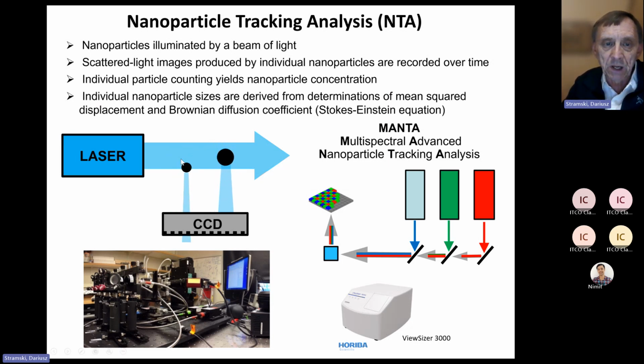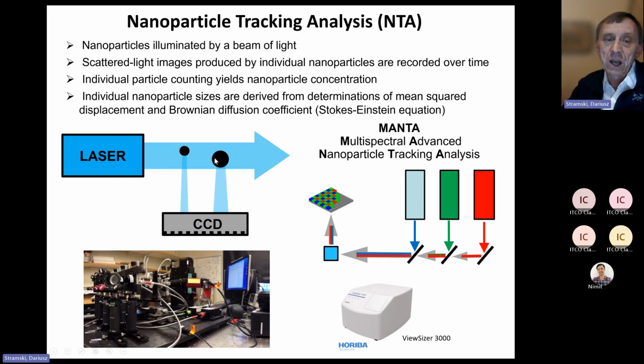Small particles undergo Brownian motion which is much faster than larger particles. You can illuminate your sample with a laser beam, and you can collect the information about the Brownian motion with the optical detector. You can actually record a movie of the Brownian motion, and from that movie you can determine the distance traveled by differently sized nanoparticles, and from the distance traveled you can calculate its size.